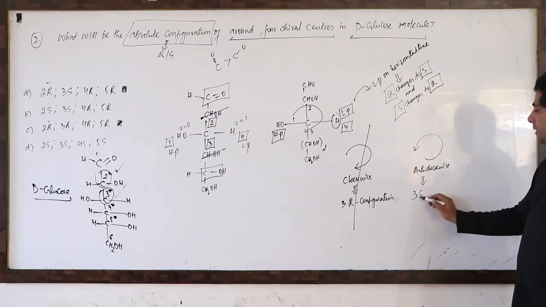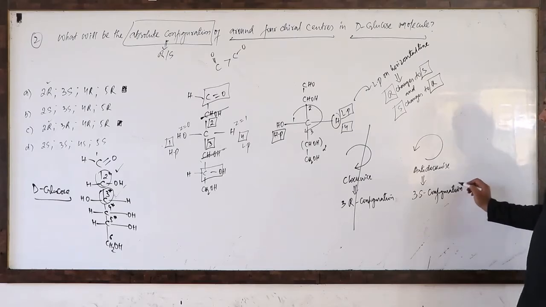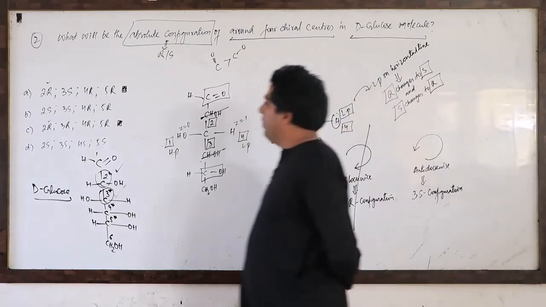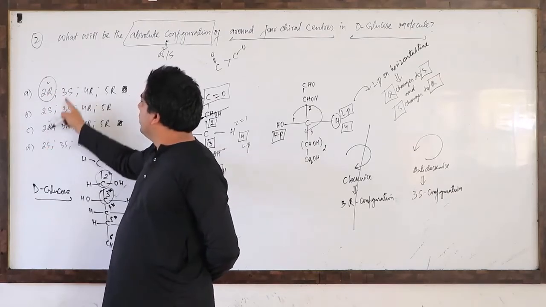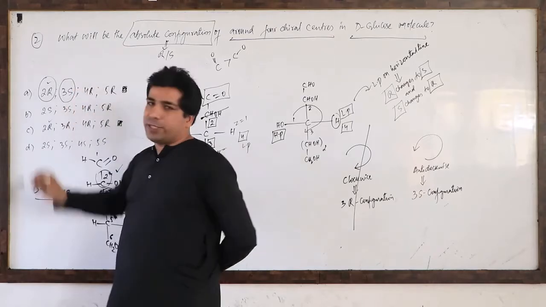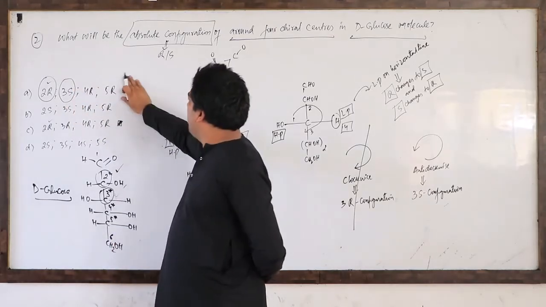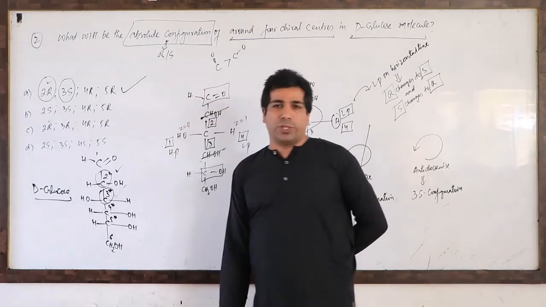That will become 3S configuration. So my dear friends, it's now clear that my answer will be 2R here, also 2R. It is 3S and here it is 3R. But 3S is the correct one. So my answer will now, without any doubt, be the first option only.